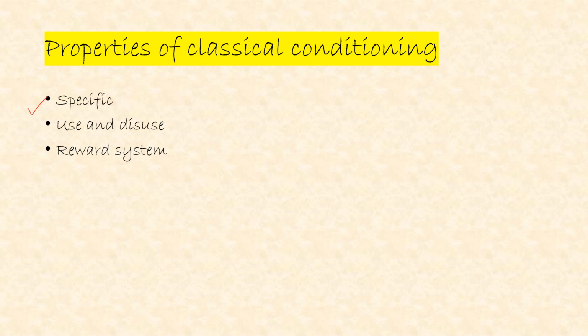Number 2 is use and disuse. When a conditional response has not been utilized for several months, it degrades due to disuse. The same thing happens when the conditional stimulus, the bell ringing, is done repeatedly without the unconditional stimulus, that is the meat.